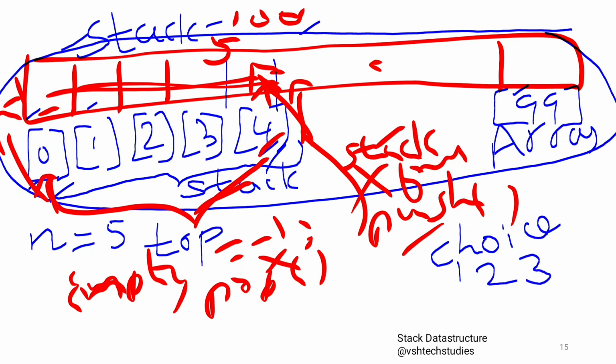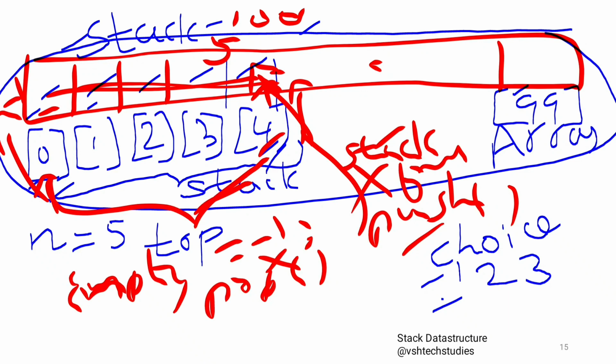If choice is 3, then the display operation is done, that is displaying one by one the content of the memory locations in the stack. So this implementation, as per choice, calling that function, push for adding, pop for deleting, display for displaying, is implemented using the switch case construct of the C language.